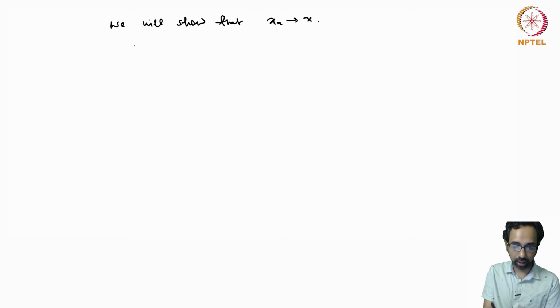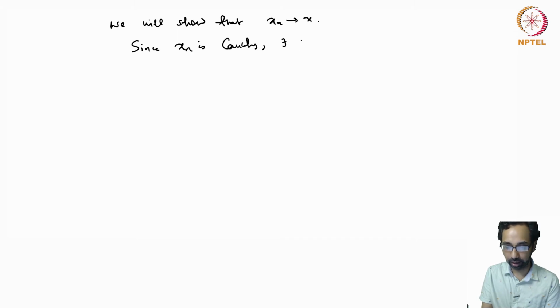So to do this, we use the Cauchy condition. So since x_n is Cauchy, there exists an n_1 in N such that d(x_n, x_m) is less than epsilon by 2 for all n and m greater than or equal to n_1.